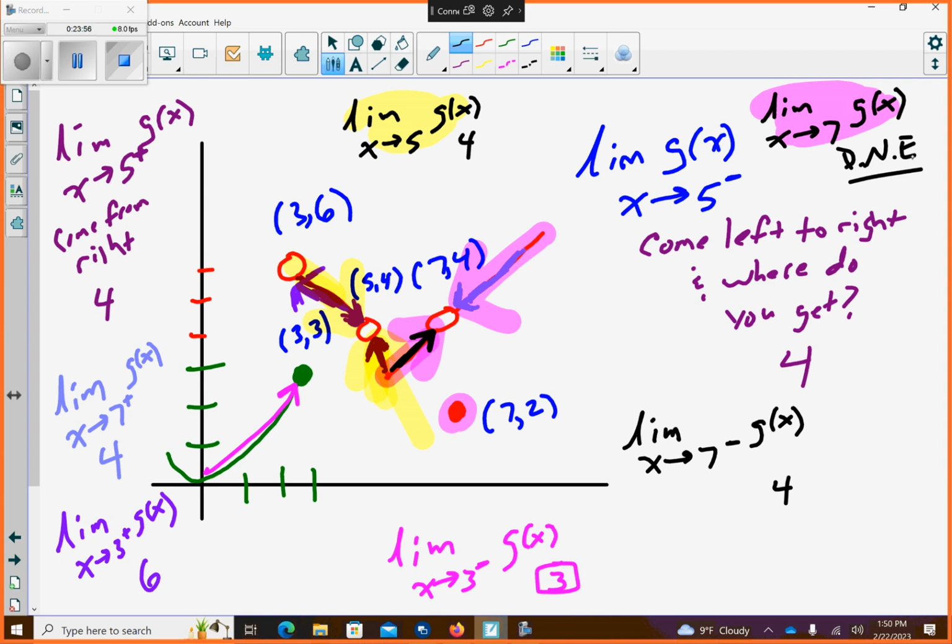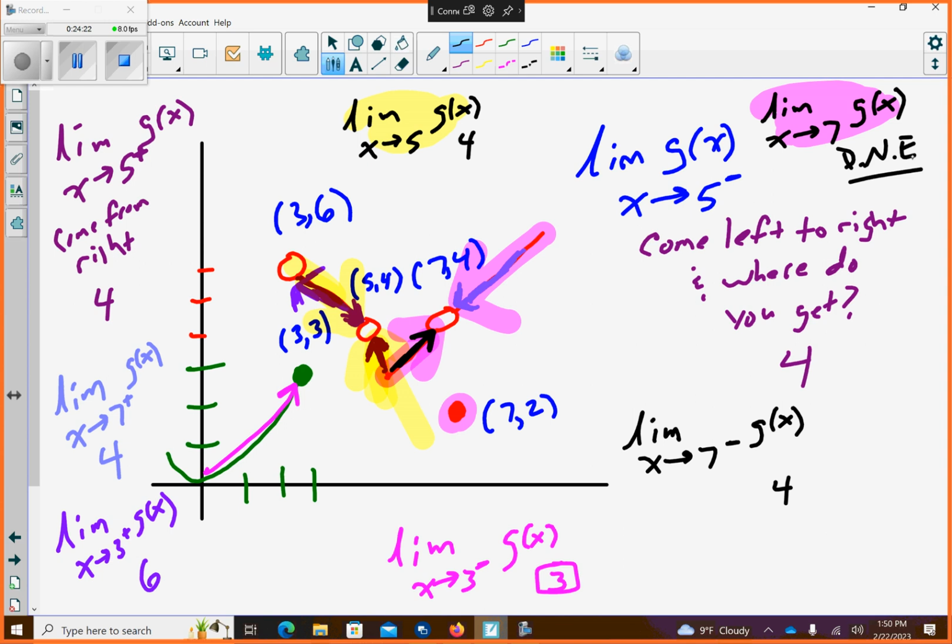If I was just traveling along my 2 graphs, I would get to 7,4, so 4 would be my limit. But the 7,2 dot down below threw a wrench in the game, because as I come from the left, as I come from the right, I'm approaching, as I get exactly to 7, I get the point 7,2. So this means I don't have a limit.